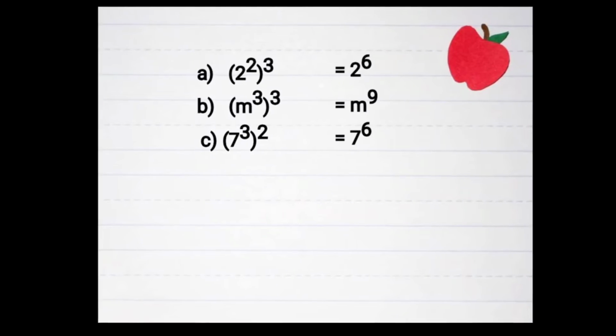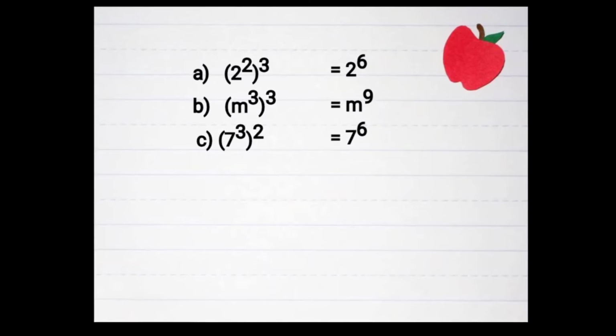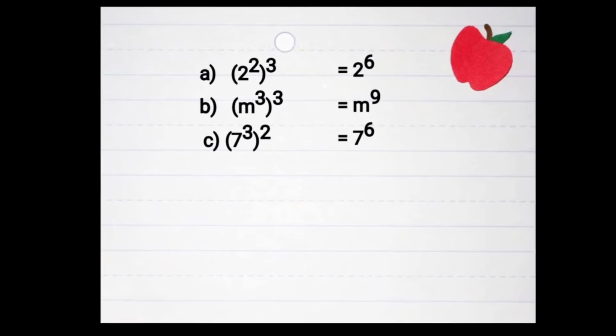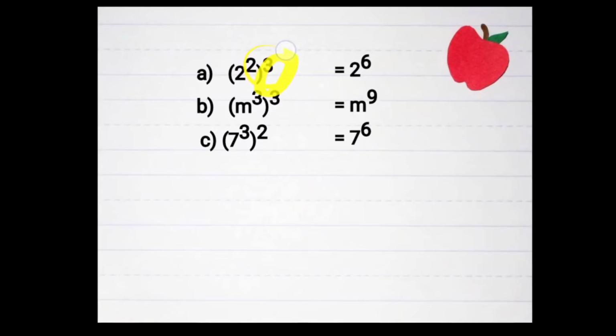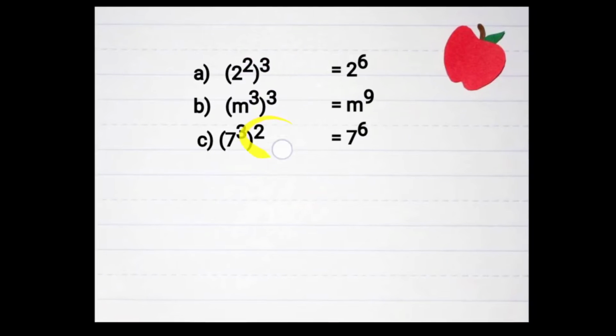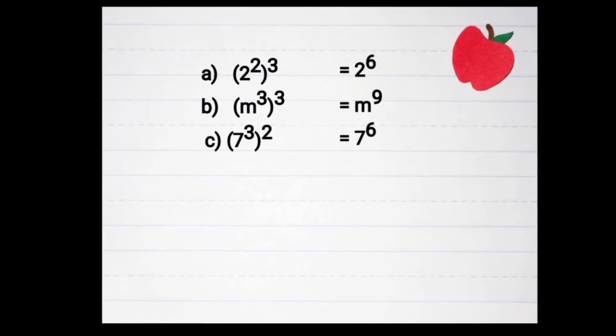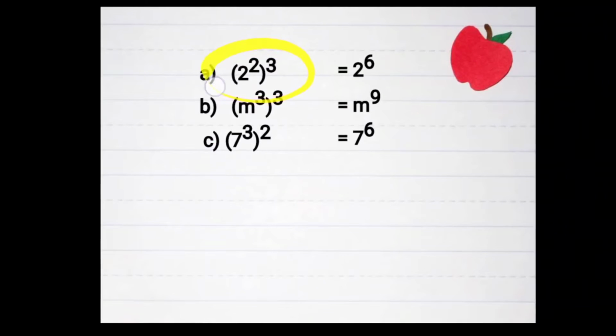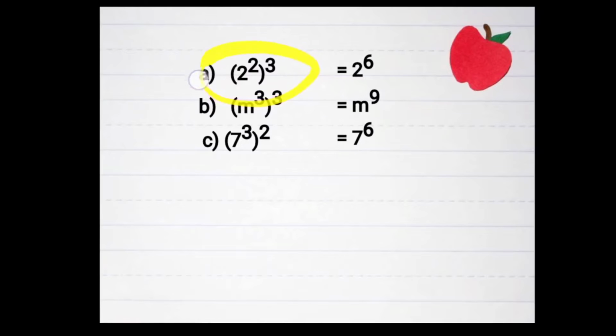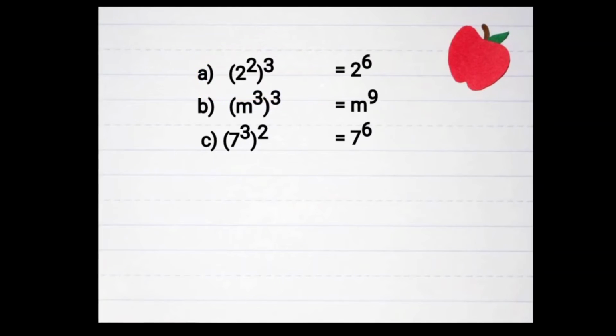For the next law, let's take a look at this. As you can see, we have an outer exponent. We have an exponent outside the parentheses. What are you going to do if you encounter this problem? So letter A, the quantity 2 squared, cubed.